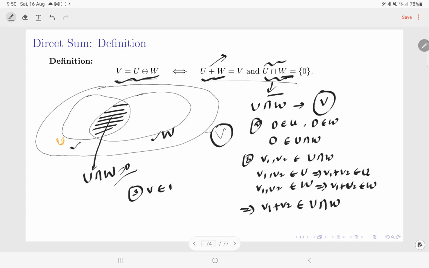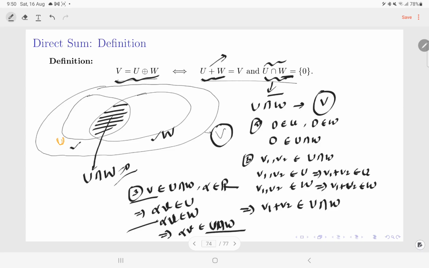Let's say V is an element of U intersection W, and alpha comes from your field R. Then alpha V is an element of U and of W, which implies alpha V is an element of U intersection W. So all these three properties are satisfied, which means it is a vector subspace of the vector space V.